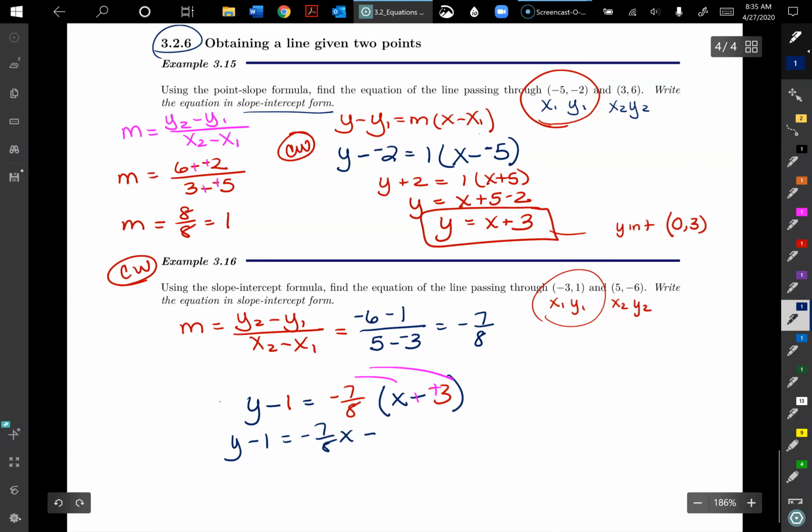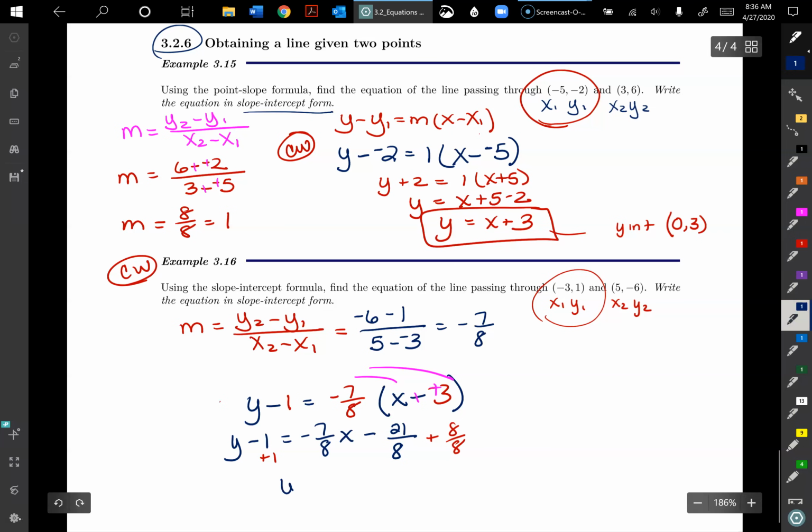minus 7/8 times 3, so that'll be 21 over 8. And then when I add the 1, I'm going to add it actually as 8/8, so that's just easier to work with. So if I add 1 here, I'm going to add 8/8, because that's the same thing, right? Anything over itself.